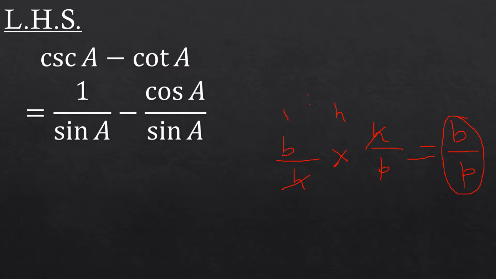So now what can I do? Tell me, what can I do? Can I subtract these two fractions? Let me just erase them. The first fraction has sin A as its denominator and the second fraction also has sin A as its denominator. So can I subtract these two fractions? Yes, of course.